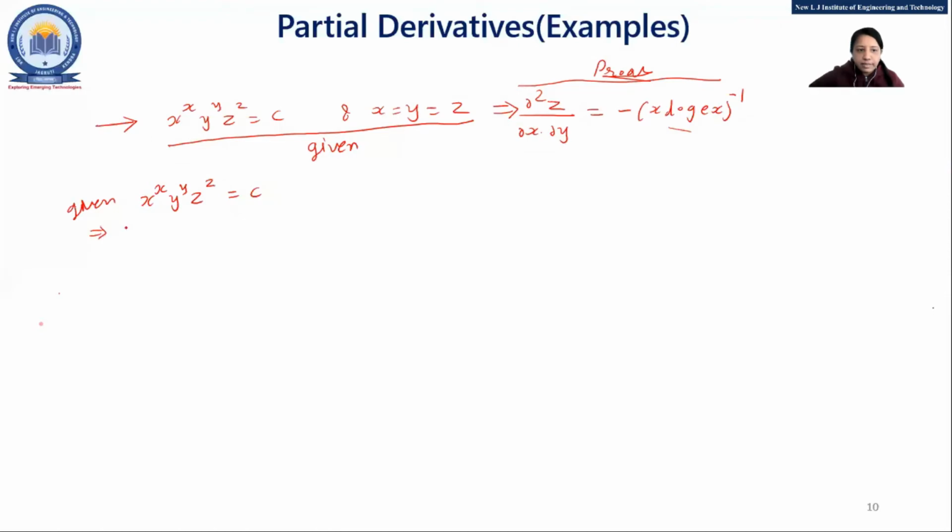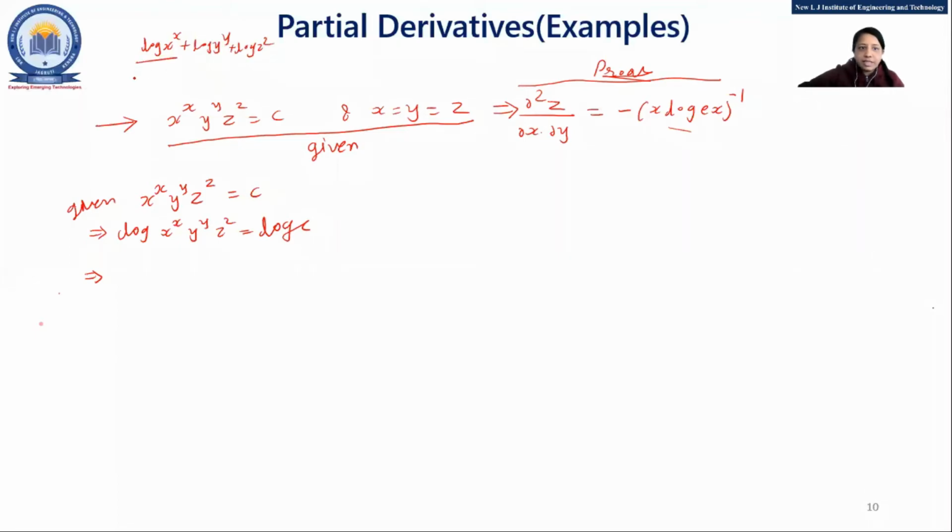This implies log of x raised to x, y raised to y, z raised to z. Now, the logarithm property you should know. This can be written as log x raised to x plus log y raised to y plus log z raised to z.